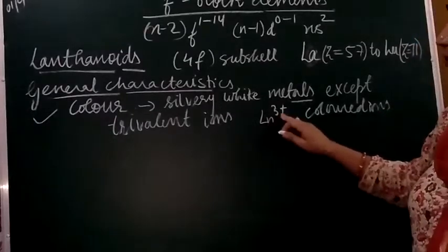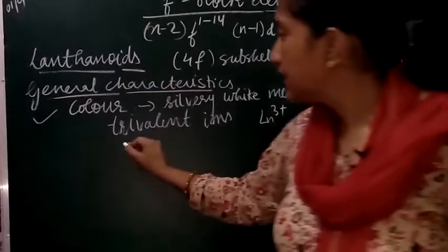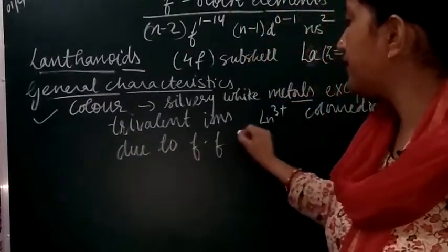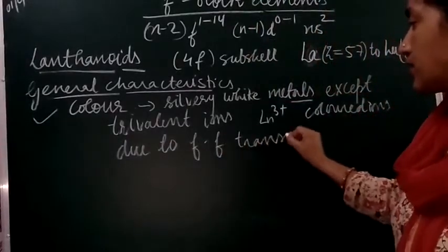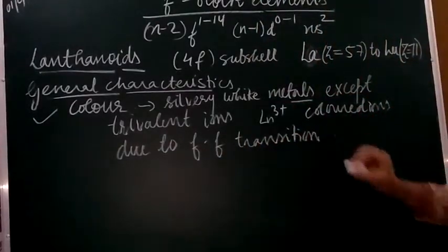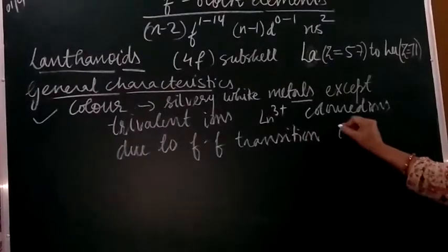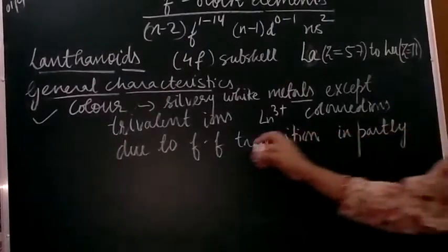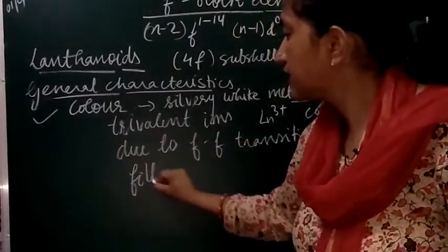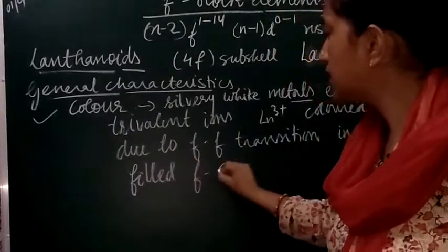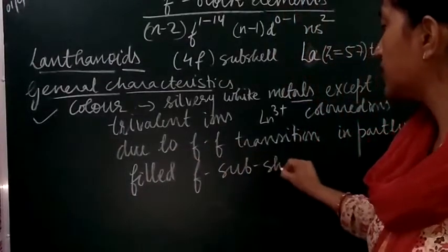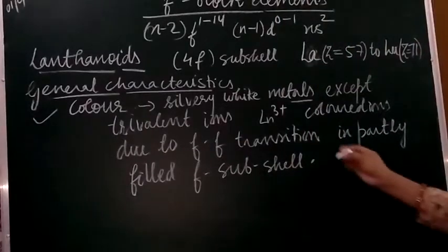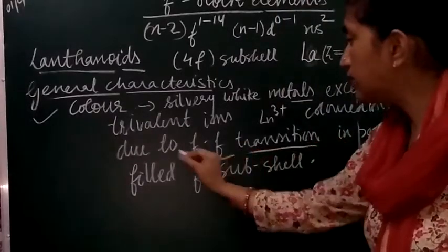So the lanthanoid tripositive ions are colored ions due to f-f transition, right? f-f transition in the partly filled f subshell. So students, the f subshell is partly filled, and hence you will get the f-f transition observed, right?